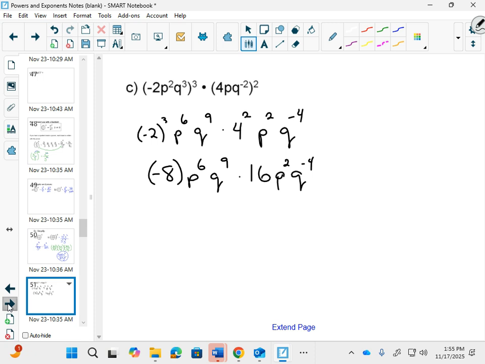Oh, and now we can put numbers together. Negative 8 times 16. Well, 160 minus 32. 160 minus 32. 128. Negative 128. That took me a lot longer than it should, didn't it?